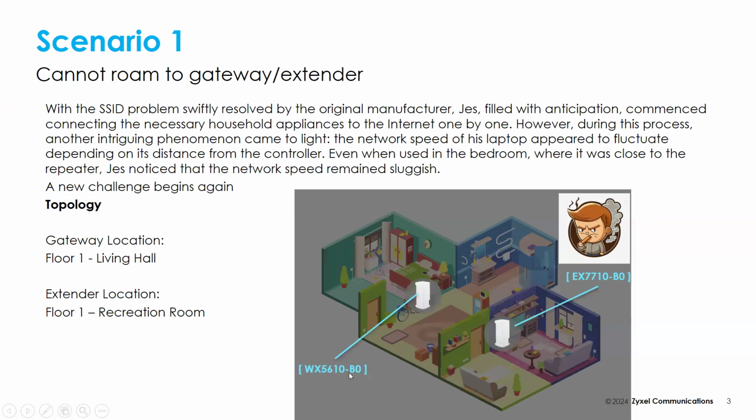Here is just a demonstration. As you can see, they put EX77110 as a controller in their living room, and they put another device in their bedroom. The customer finds they are unable to roam between the extender and the controller when he goes to another room in his house.